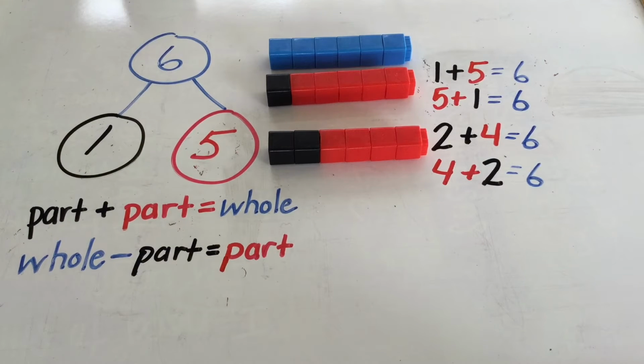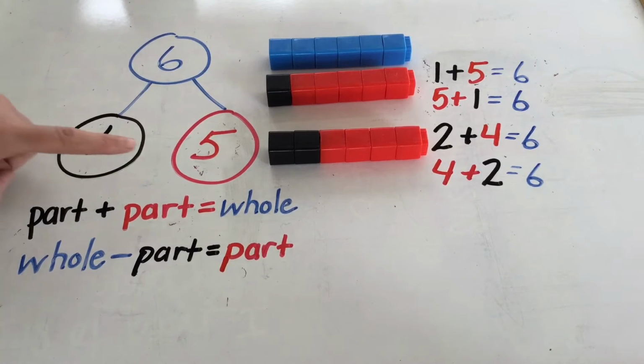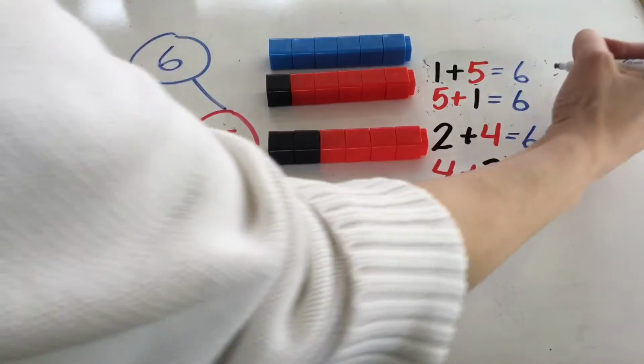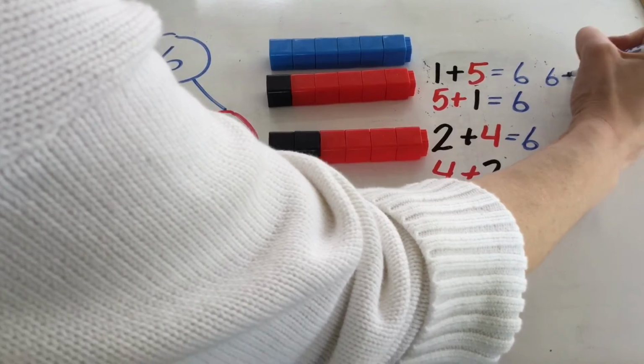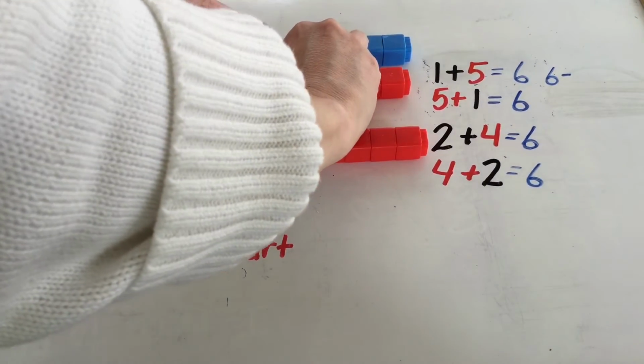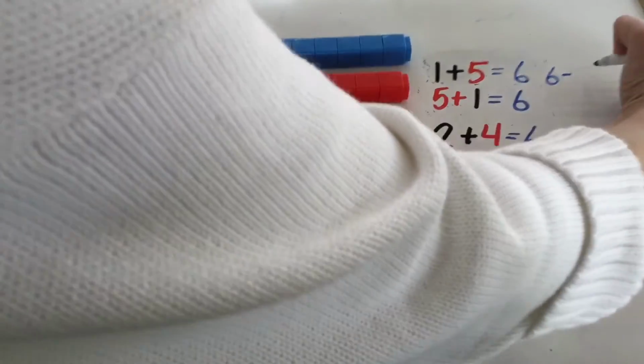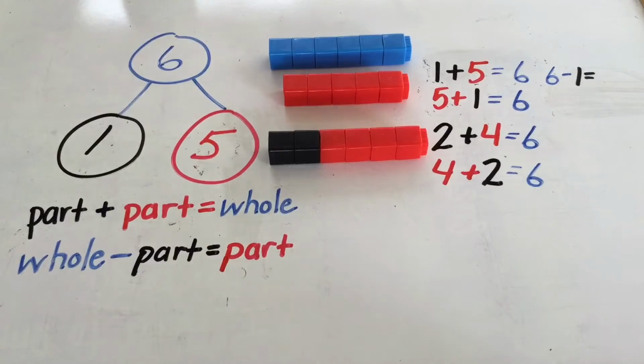Let's use our number bond to model subtraction. Whole minus part equals part. Well, I know my whole is 6, so that's going to start my subtraction sentence. Then I'm going to take away the black part, which is 1, and I'm left over with the red part, which is 5.